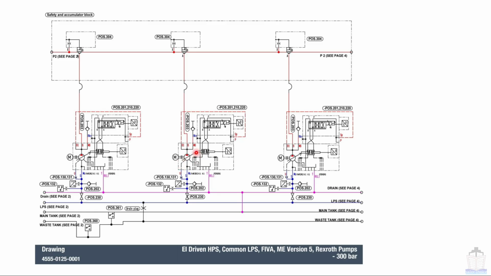This can also be understood with the help of this P2, since we know that P2 indicates the outlet pressure manifold of the electrical driven HPS pumps. That means if I see only this P2, then I can automatically understand that this hydraulic system is the electrical driven HPS system. That is the significance of P2 and P1.